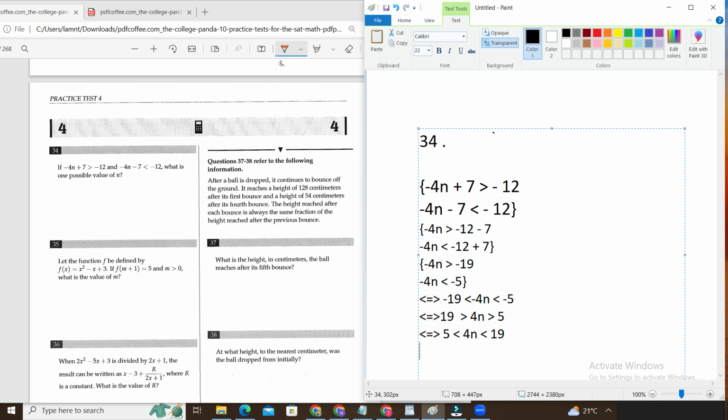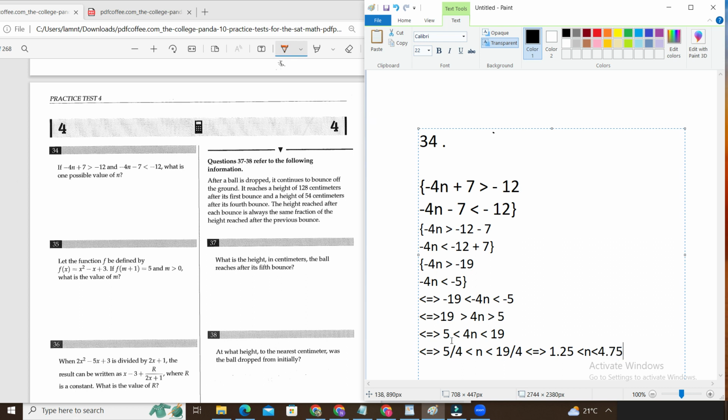So this is equivalent with 5 over 4 less than n less than 19 over 4, which is equivalent with 1.25 less than n less than 4.75.